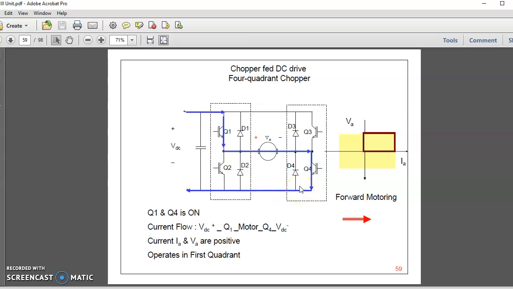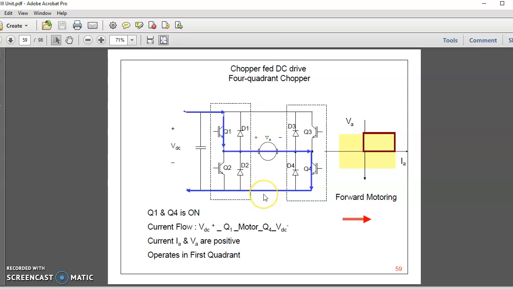These are semiconductor switches, which may be transistors, SCRs or IGBTs. In this case, the operating region of this chopper is in all four quadrants.